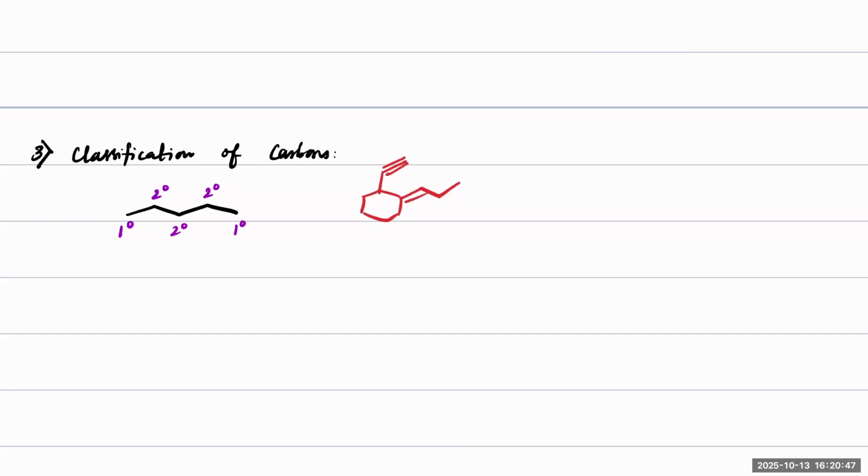Still, if you notice, these are only 1 degrees, these are 2 degrees, and these three are 3 degrees, and here also it is 2 degree. Clear? So this is the first classification. You should know what is 1 degree and 2 degree, and it is usually asked how many 1 degree and 2 degree carbons are present. I'm sure you guys can do that.